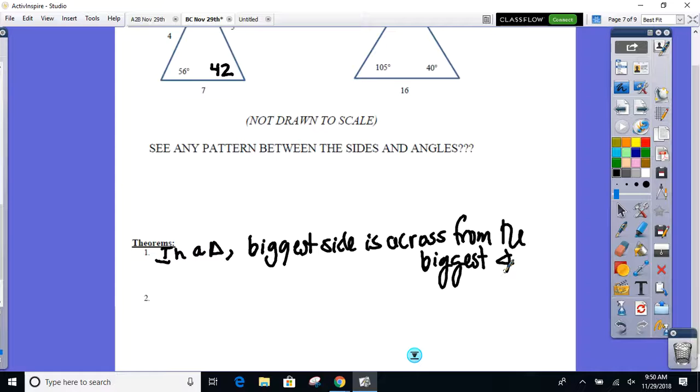And I had a number 2 in there, and I was going to write in smallest side across from smallest angle, but I got yelled at by my geometry classes yesterday. That's the same thing. So fine, I'll leave it blank. If your OCD is kicking in like mine, because I can't leave things blank, I'd write in a triangle, smallest side is across from smallest angle. All right?